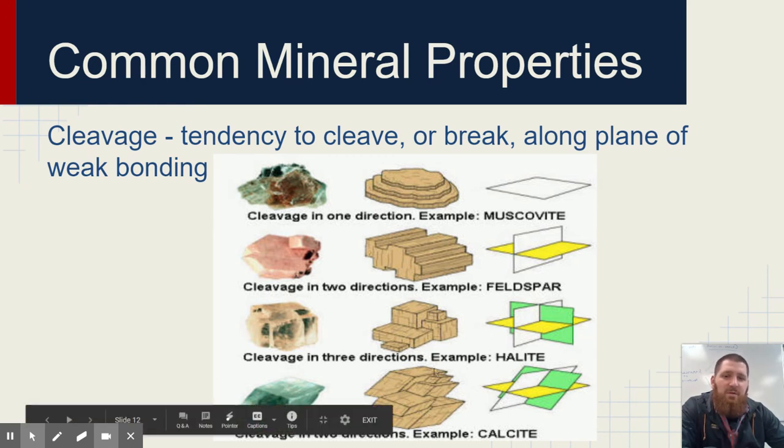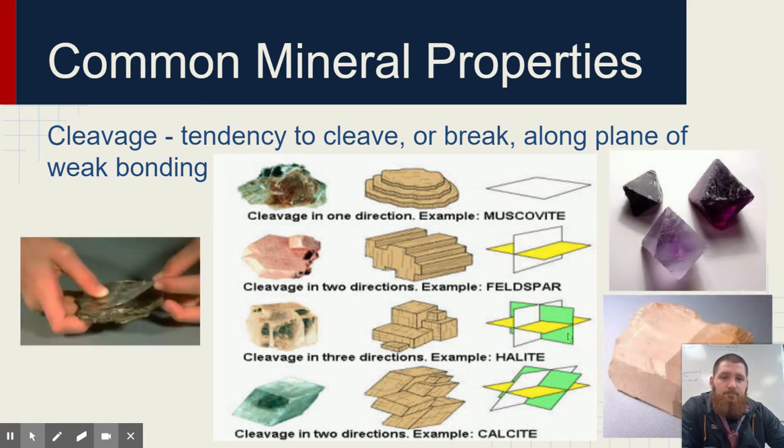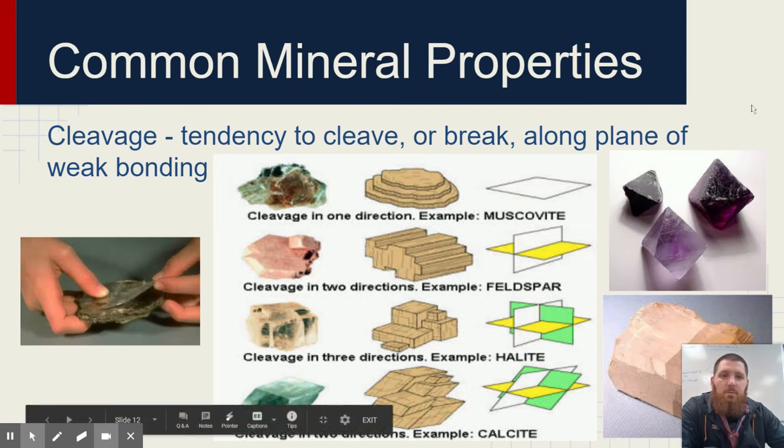Or you might have seen some more interesting minerals that look like a bunch of little squares pieced together, where we have that cleavage in several directions right there. So those are all just different planes that crystalline structure is going to create, and it's going to allow it to break along those planes. You can see this right here, peels apart.